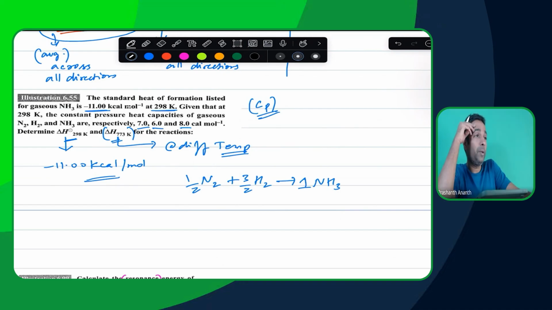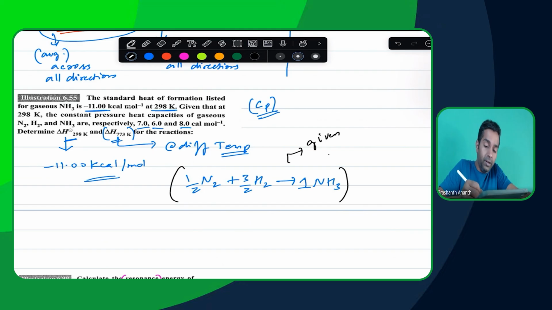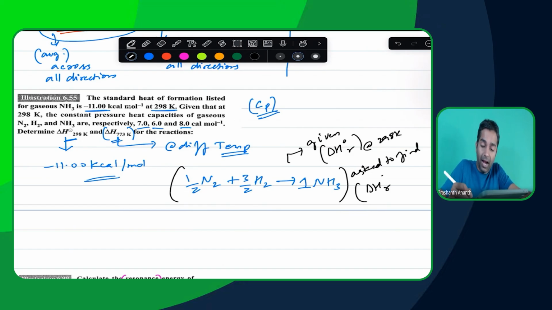So I'll quickly describe what we are trying to do here. We are given the enthalpy change for this reaction. Given delta H naught for the reaction at 298 Kelvin, we are asked to find delta H of the reaction at 773 Kelvin.